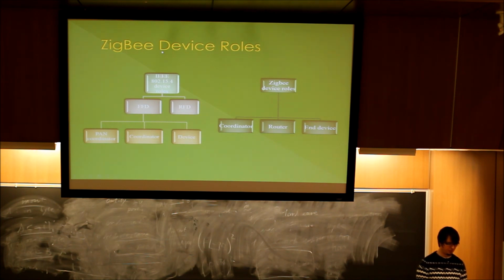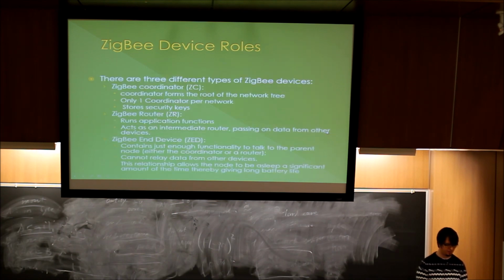So this side over here, you've got the 802.15.4 specific ones, full function, reduced function, and then the possibilities that the full function device can function as. And when you get over to the XBee, you can see it's just the same. The devices in the XBee network tend to just be the full function devices. However, you can have a reduced function device act as an end device in XBee.